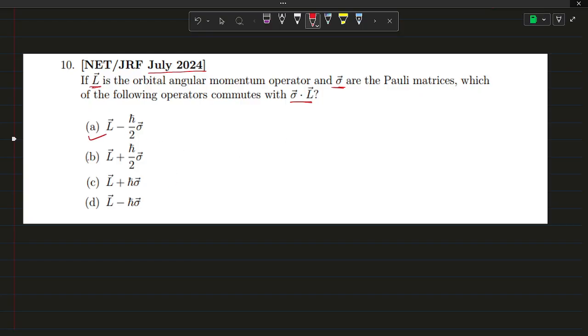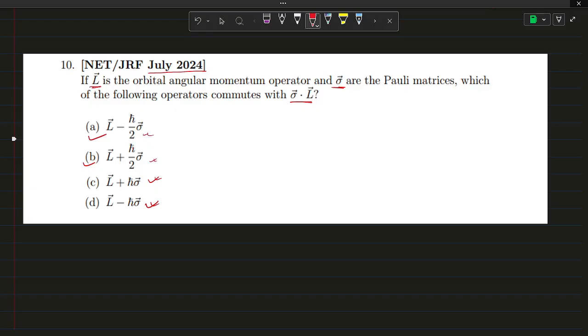There are four options A, B, C, D. It will be a tedious task to calculate individually for each operator, and it will take a very long time.